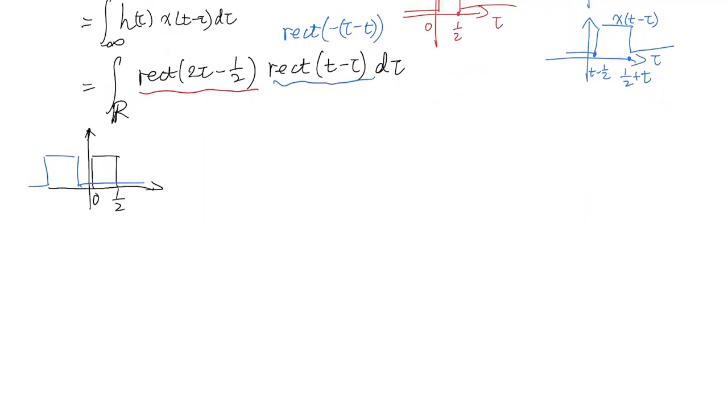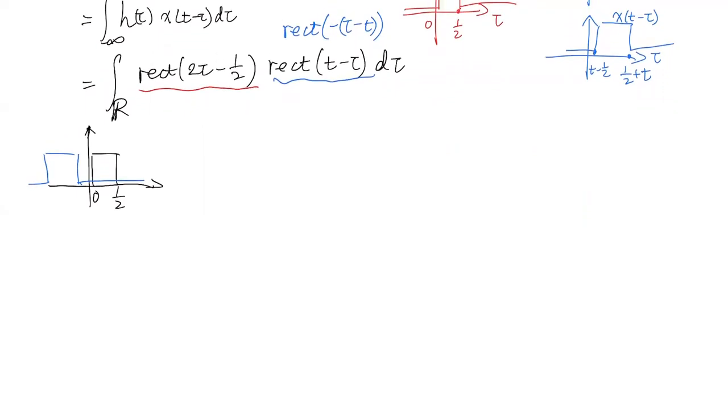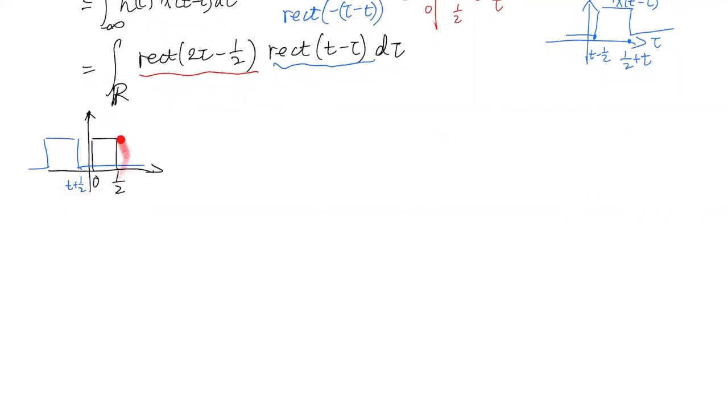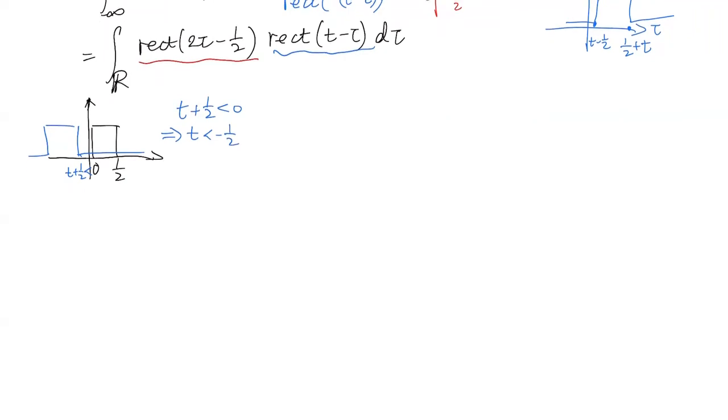The endpoint here on the left is t minus half, on the right is t plus half. In order for this scenario to hold, we need to make sure the right end is smaller than this left end, so that's t plus half less than 0, which leads to the first condition that we have, t less than negative half.